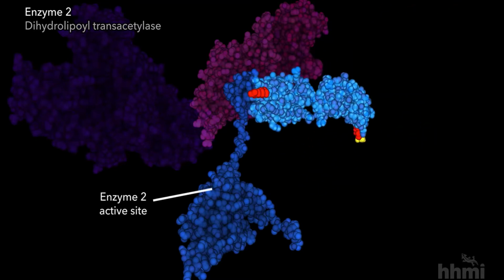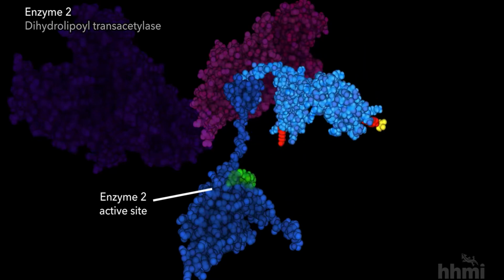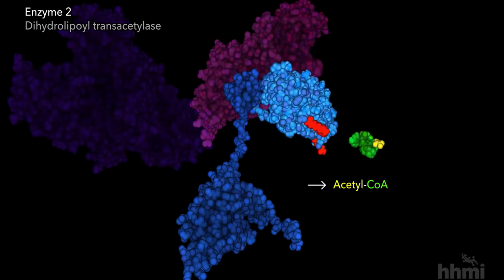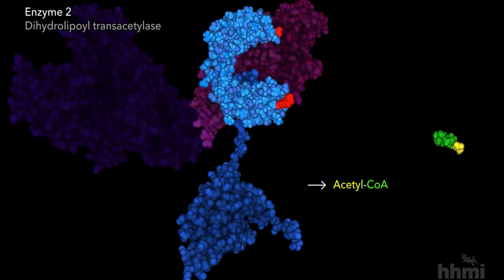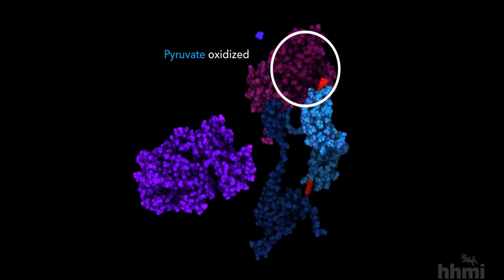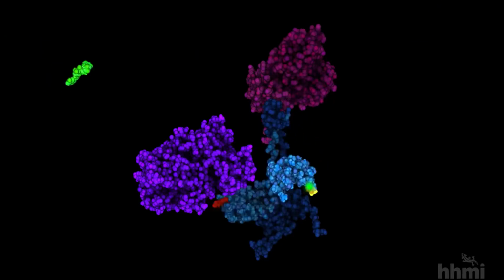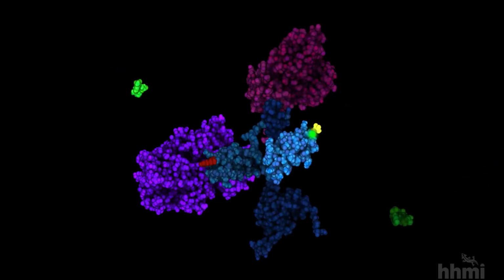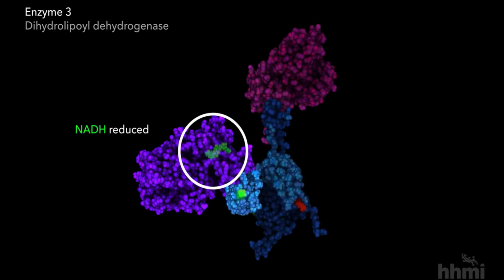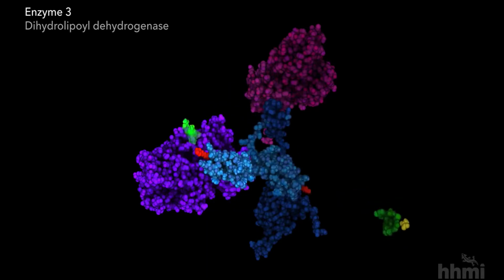In the active site of the second enzyme, the acetyl group is attached to coenzyme A, generating acetyl-CoA, fuel for the citric acid cycle. Two electrons from pyruvate oxidation are retained by the second enzyme before passing them to coenzyme NADH, catalyzed by the third enzyme.